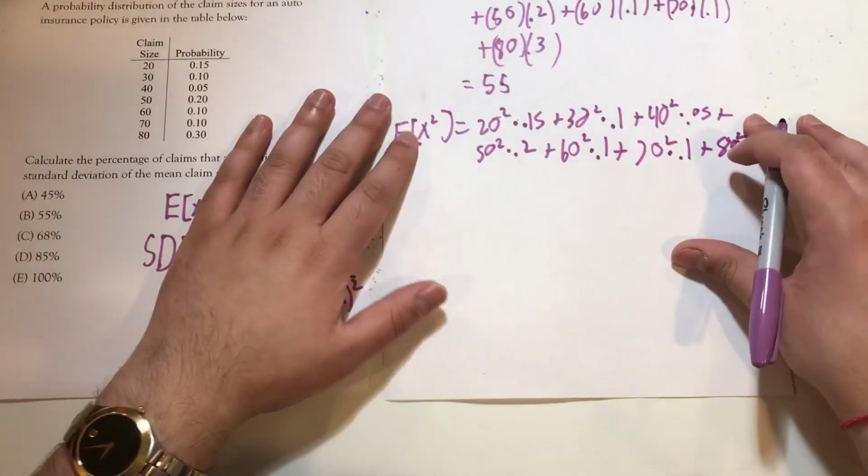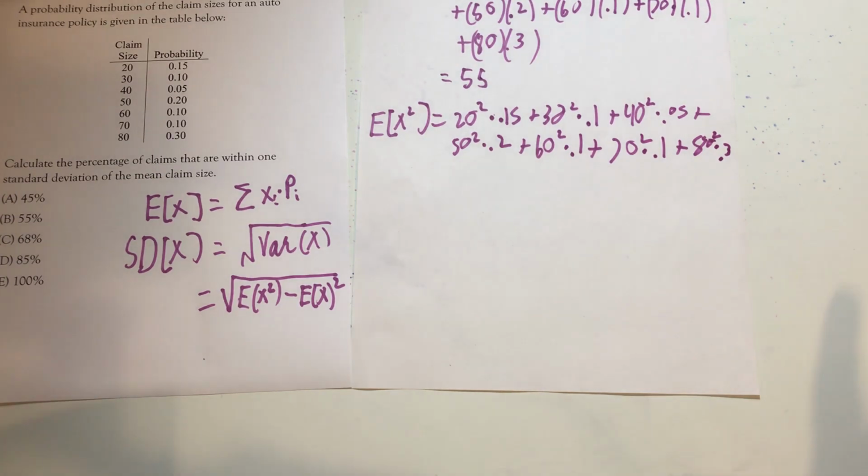And this, again, I just plug into my calculator. If you want any clarification on these numbers or how I'm calculating the expected value of x and x squared, by all means, leave a question down in the comments. I will clarify as best that I can.